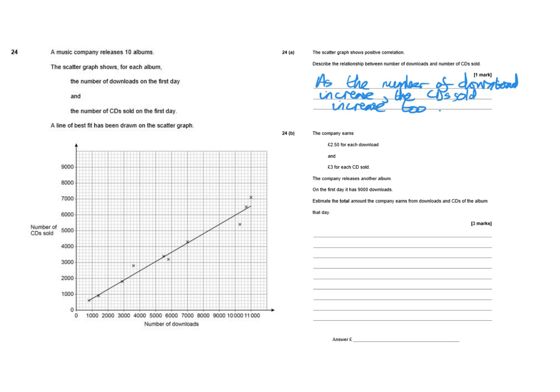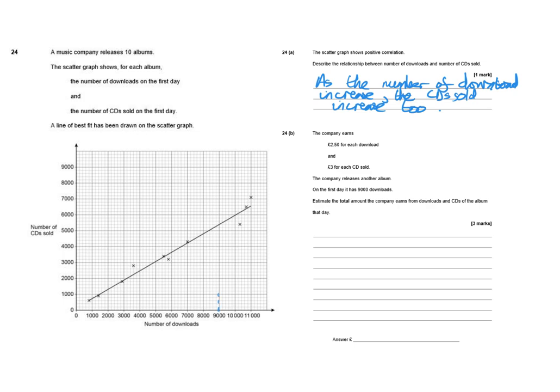You could do it the other way, to be fair, as the number of downloads go down, the number of sales of CDs go down, but anything of that type for the relationship is fine. So the company earns £2.50 for each download, £3 for the CD. They released another album. First day it has 9,000 downloads.